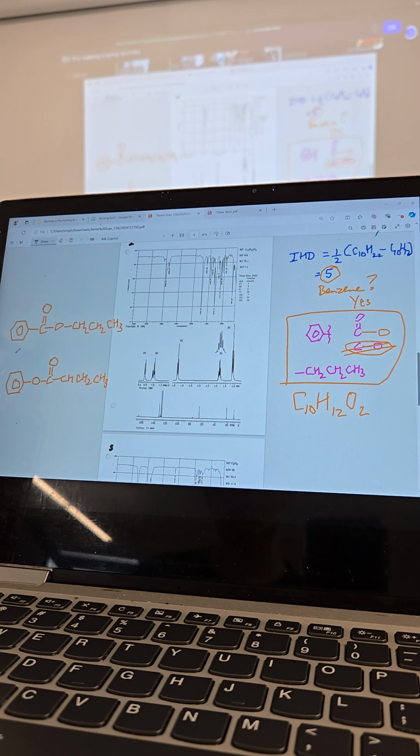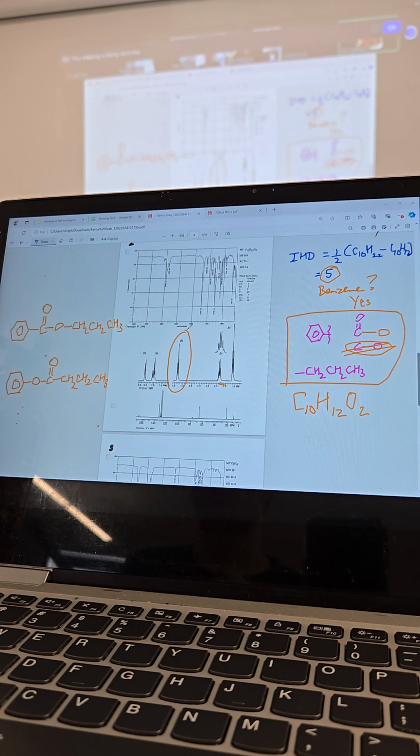Benzene signals may not be the easiest to pick. There's an easier signal to pick to make the decision: the 4 to 4.5 hydrogen signal. So you're talking about this signal, right? Yeah.